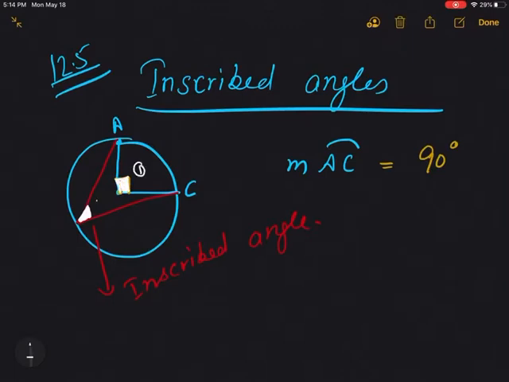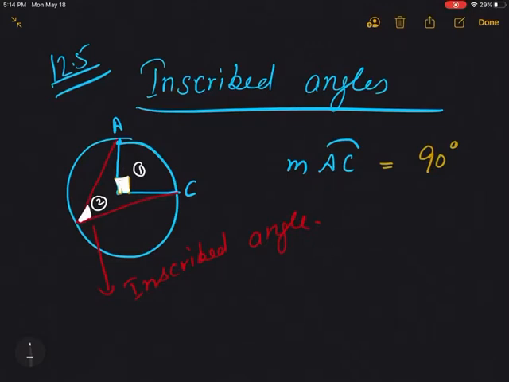This is number 2, and this is number 1. Do you think the inscribed angle is the same as angle number 1, which is the central angle? Even if you look at it, it doesn't look the same. The inscribed angle looks smaller than the central angle, doesn't it? And that's what we're going to be learning about.